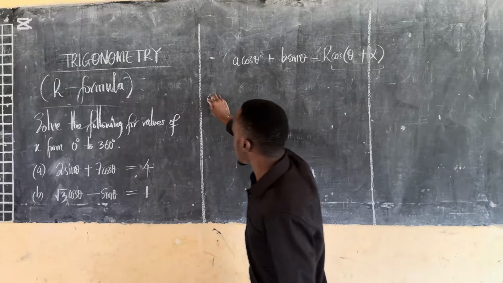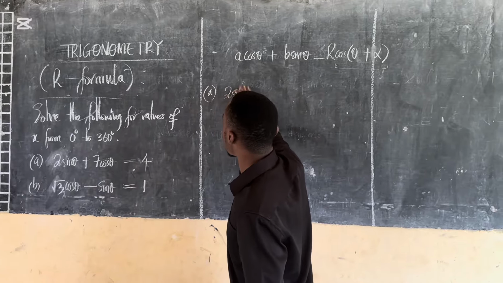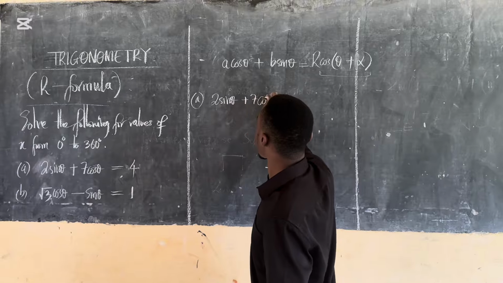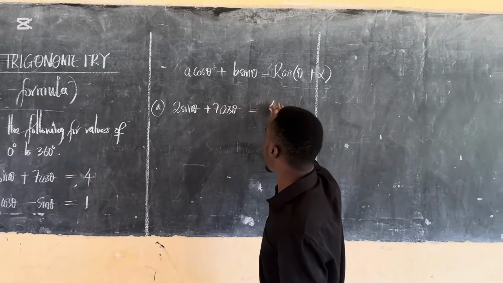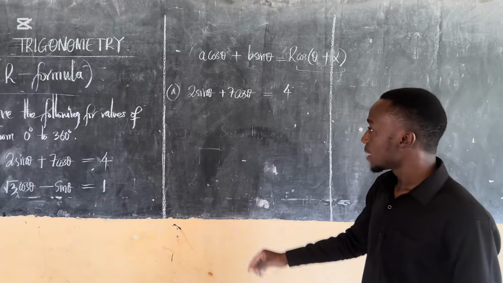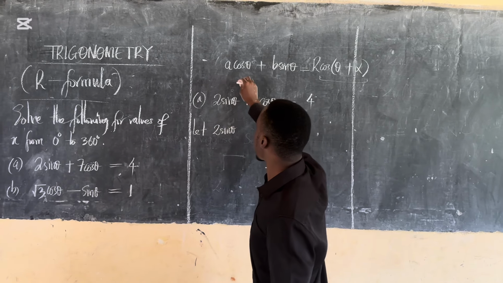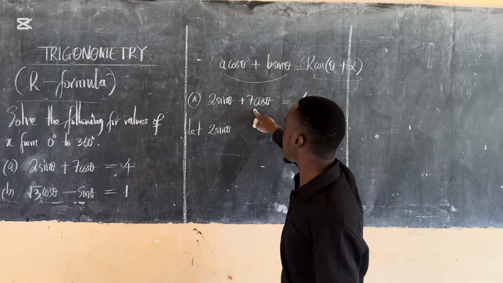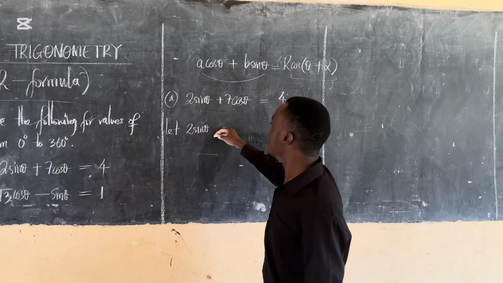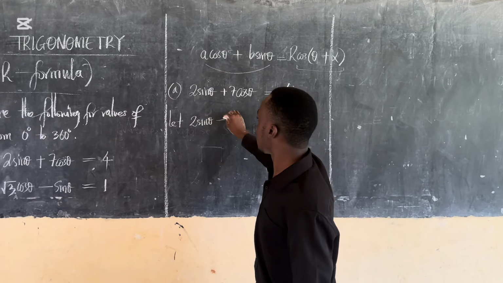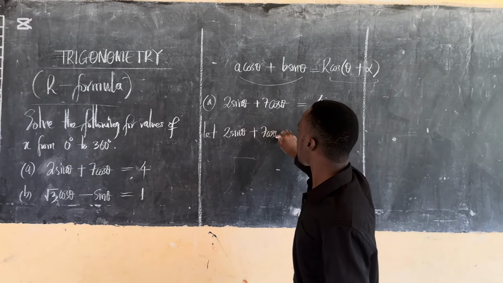Now under my part A, we are having 2 sine theta plus 7 cos theta being equal to 4. I will start by letting this quantity in this form. Our B is the 2, because this is now sine, plus 7 cos an angle.